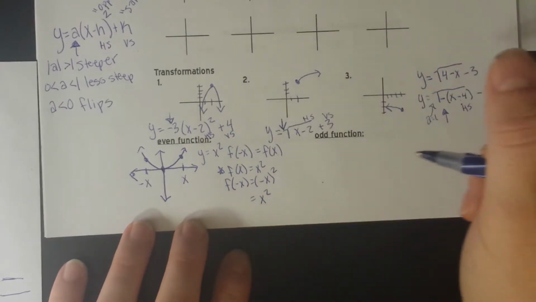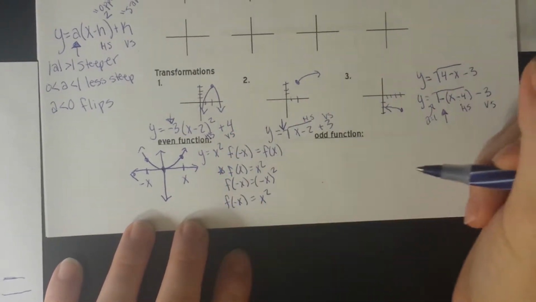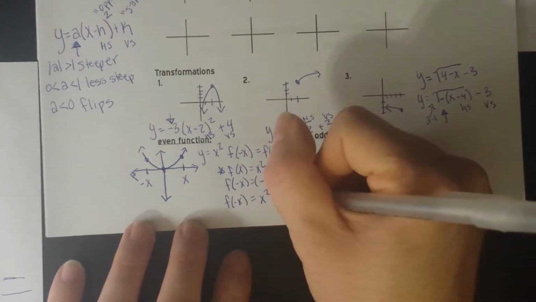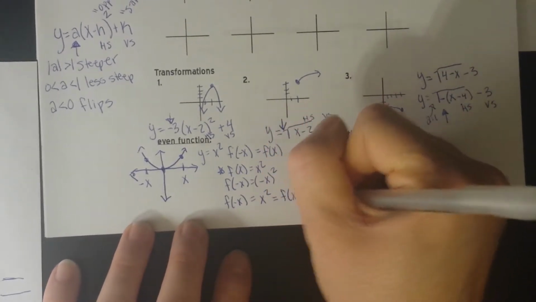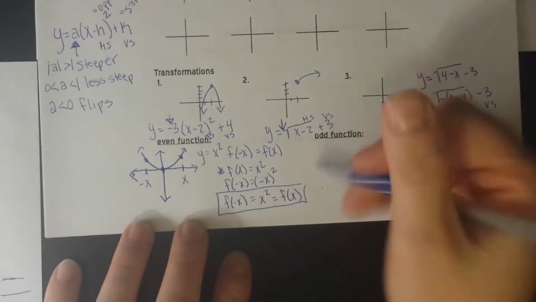So f of negative x equals positive x squared, which is the same as the original parent function f of x. Okay?